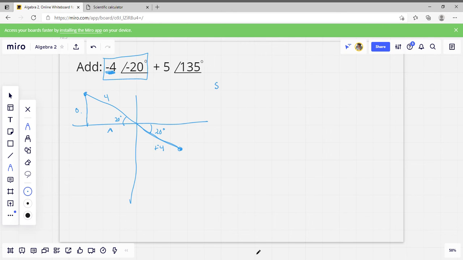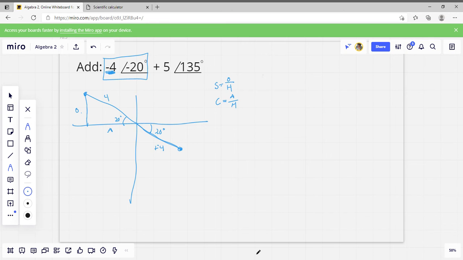And sine equals opposite over hypotenuse, and cosine equals adjacent over hypotenuse.